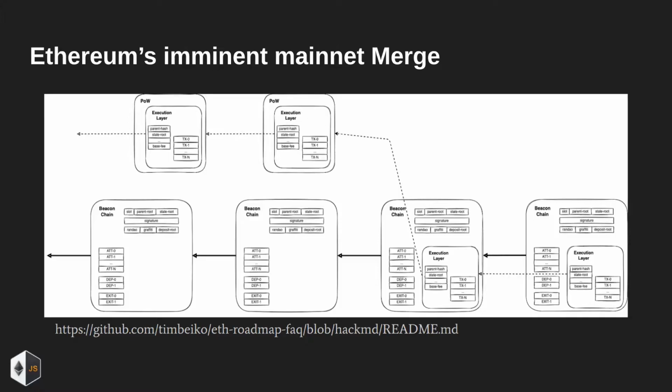But the responsibility of executing those blocks and modifying the Ethereum EVM state still remains with the execution clients, and CL clients and execution clients have to work in tandem to achieve this.